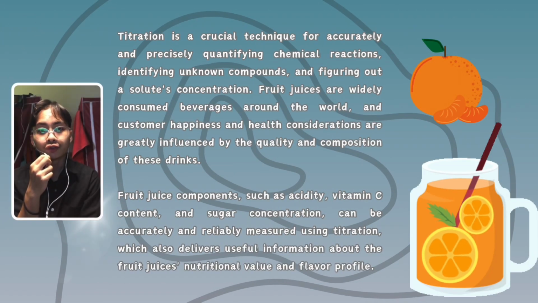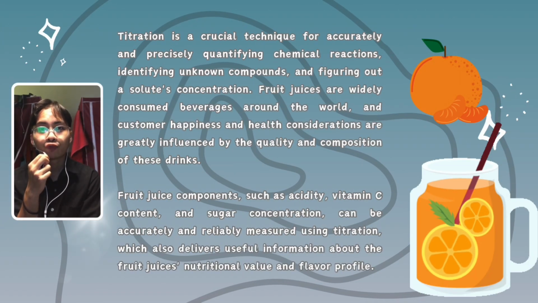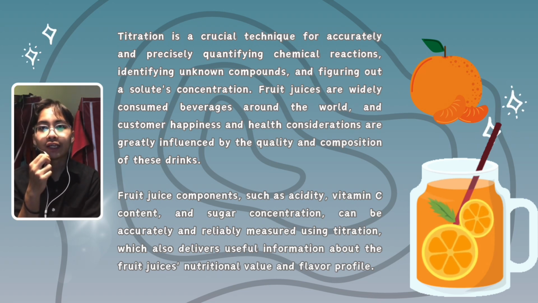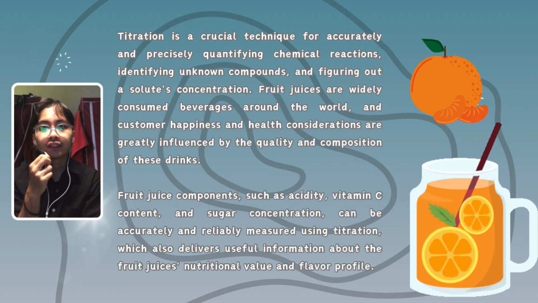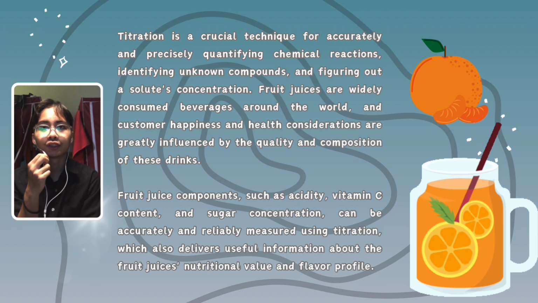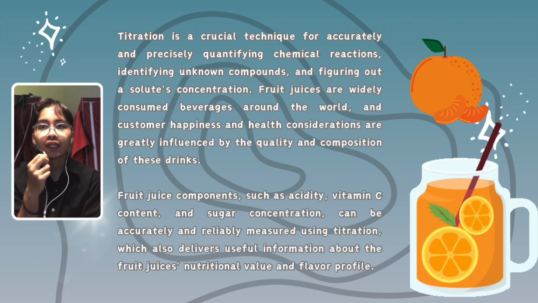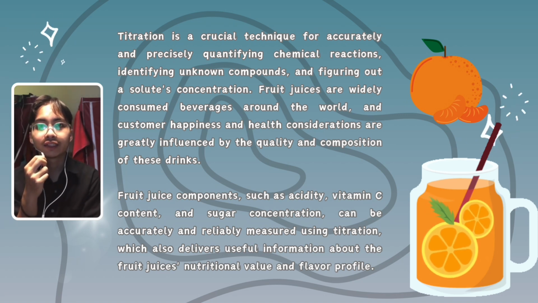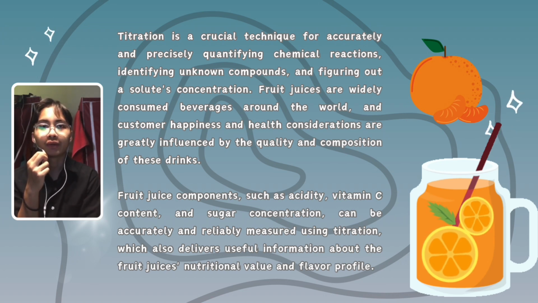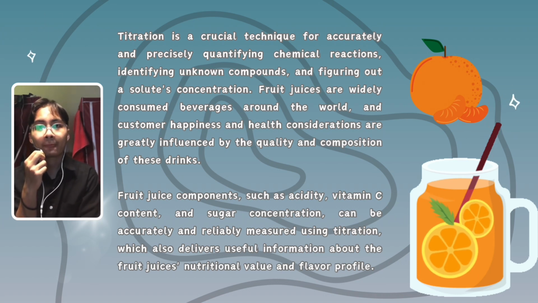Titration is also a crucial technique for accurately and precisely quantifying chemical reactions, identifying unknown compounds, and figuring out a solid's concentration. Fruit juices are widely consumed beverages around the world, and customer happiness and health considerations are greatly influenced by the quality and composition of these drinks.